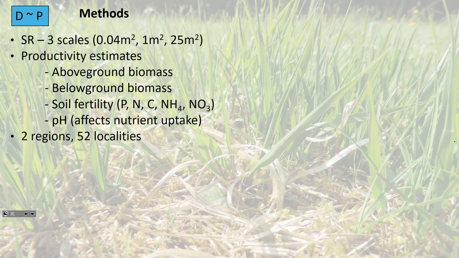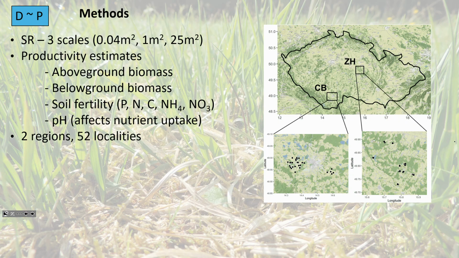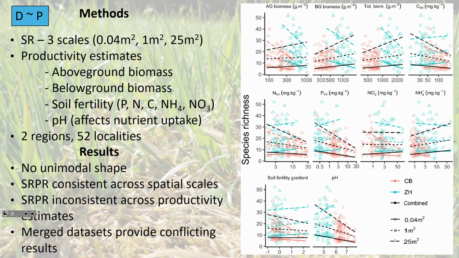What we did, we counted species at 3 spatial scales, and estimated productivity via above ground biomass and below ground biomass. We used several soil fertility measures, such as pH, which affects nutrient uptake, and did it in 2 regions, around České Budějovice and in Železné Hory, on 52 localities.